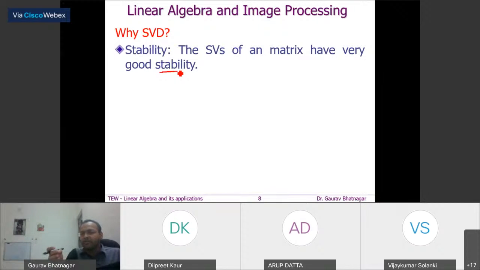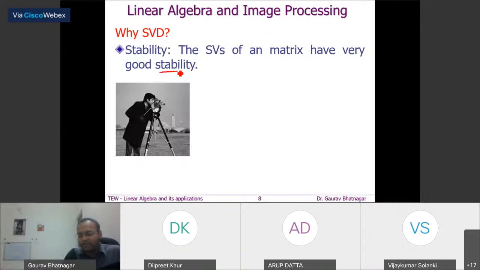This stability property can be utilized in numerous applications wherein equilibrium is of main thrust. Wherever you want to find non-changing positions or non-changing entities, this SVD is going to perform very well.